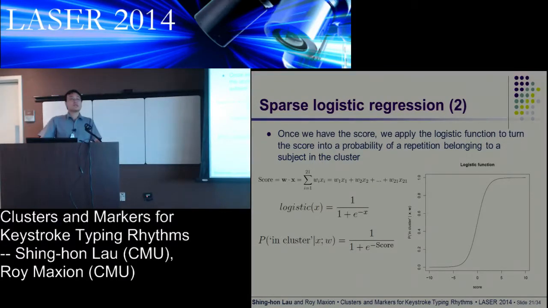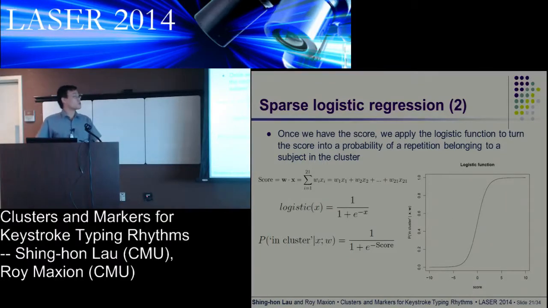And the score actually completely determines what the prediction is going to be. So you can see if the score is very negative, it's going to be very highly unlikely that this repetition belongs to somebody in the cluster. On the other hand, if the score is very positive, it's highly likely to belong to somebody in the cluster. So the score is effectively determining what the prediction is going to be.